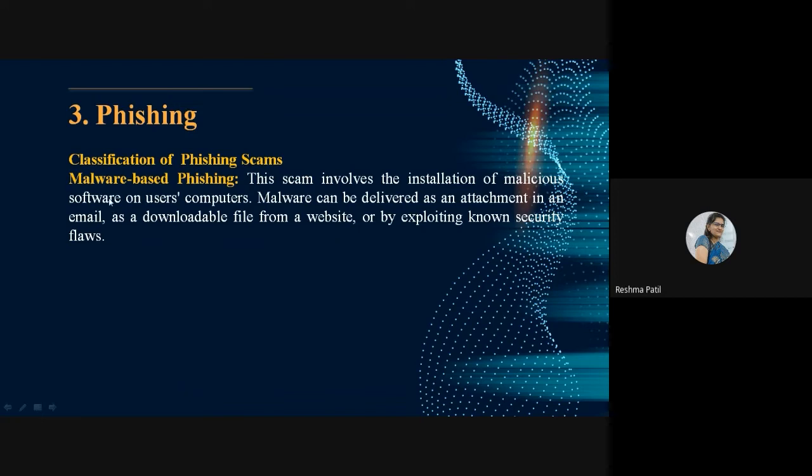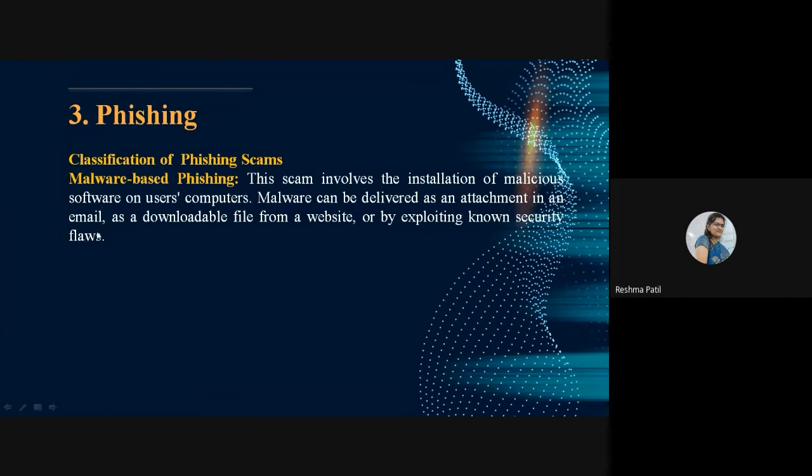Next is malware based phishing. This scam involves the installation of malicious software on the user's computer. So software which contains malicious code is what the user is going to install on his computer. Malware can be delivered as an attachment in an email.